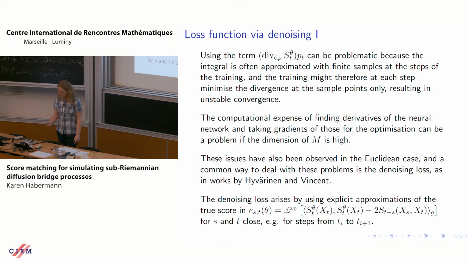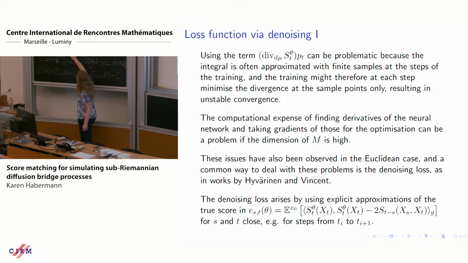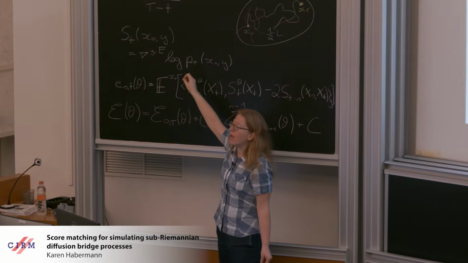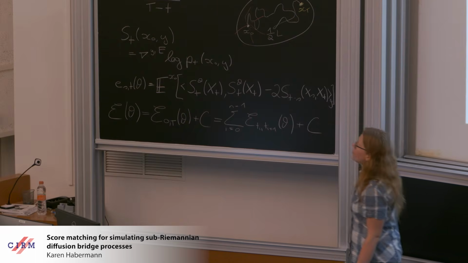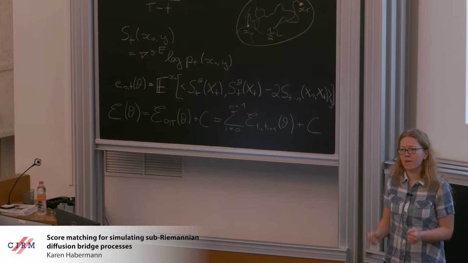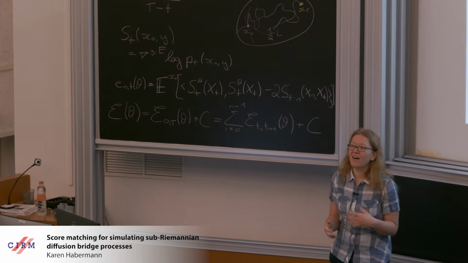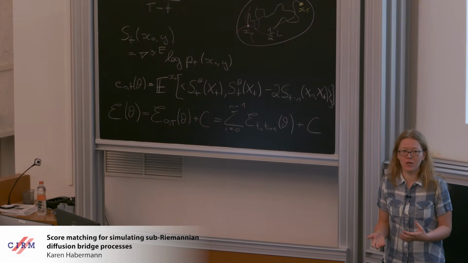So their thought was, if I go back to my little est theta, the reason it depended on the true score was this approximation. But now look at how the true score was defined. We have this t replaced by t minus s, so we have the log of the heat kernel appearing. And if t minus s is very small, then we have an idea of what the heat kernel does.